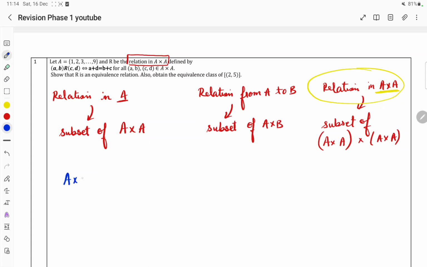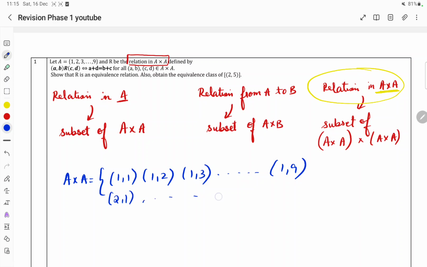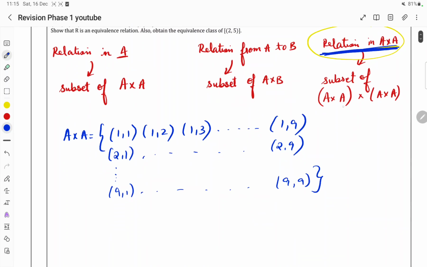I'll write some of the elements in A cross A. So I can have (1, 1), (1, 2), (1, 3) till (1, 9). Next I can have (2, 1) till (2, 9). Like this it keeps on going till (9, 1) up to (9, 9). So these are the elements in A cross A. A relation in A cross A is nothing but a subset of A cross A cross A cross A.